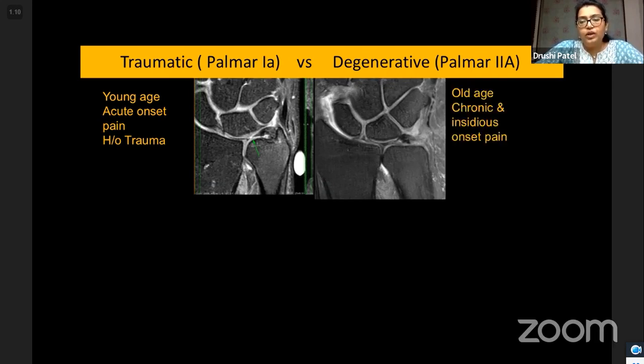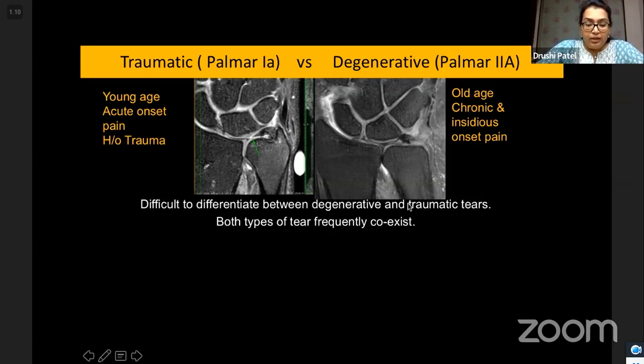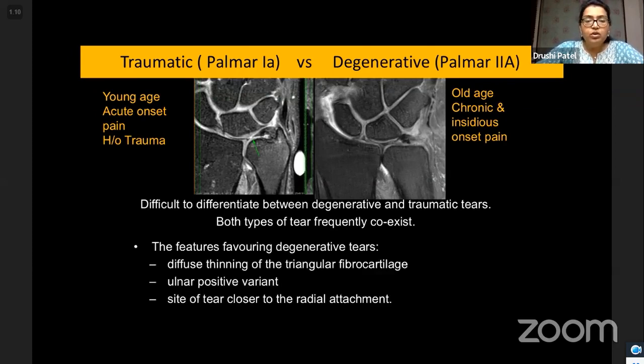Whereas if it's old age, chronic and insidious onset of pain, likely to be degenerative. There may be other associated degenerative findings, that is changes in the adjacent cartilage and the subchondral bone, that may point towards a degenerative etiology. At times it is difficult to differentiate between degenerative and traumatic tears, and both of these types of tears may frequently coexist.